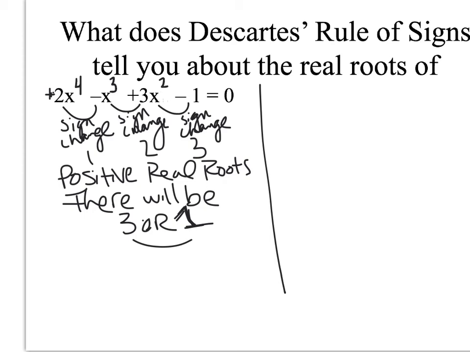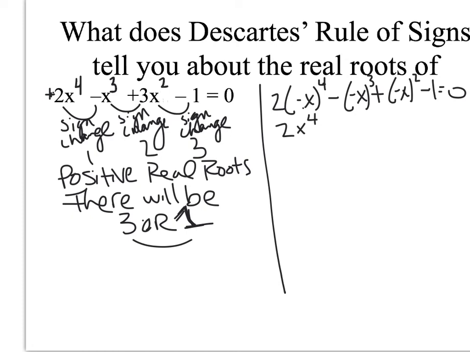So then, to figure out the negative sign changes, I actually need to put in a negative x. So 2 times negative x to the 4th minus negative x to the 3rd plus 3 times negative x squared minus 1 equals 0. So simplifying that, negative x to the 4th, because it's an even power, is going to become positive.